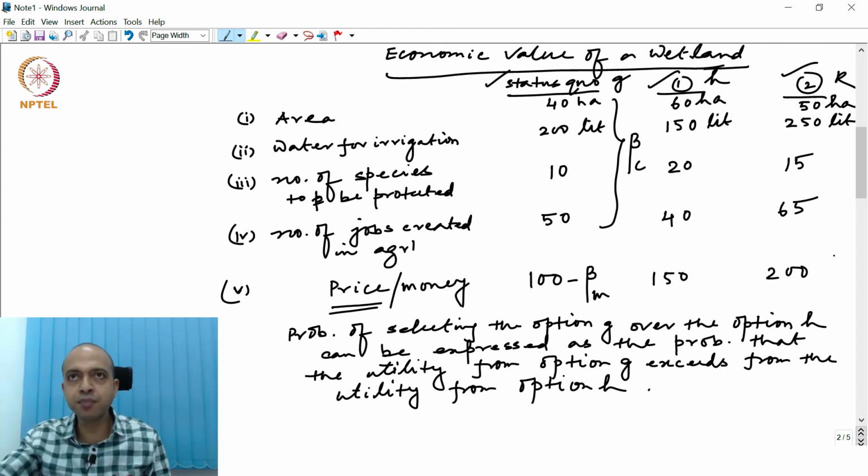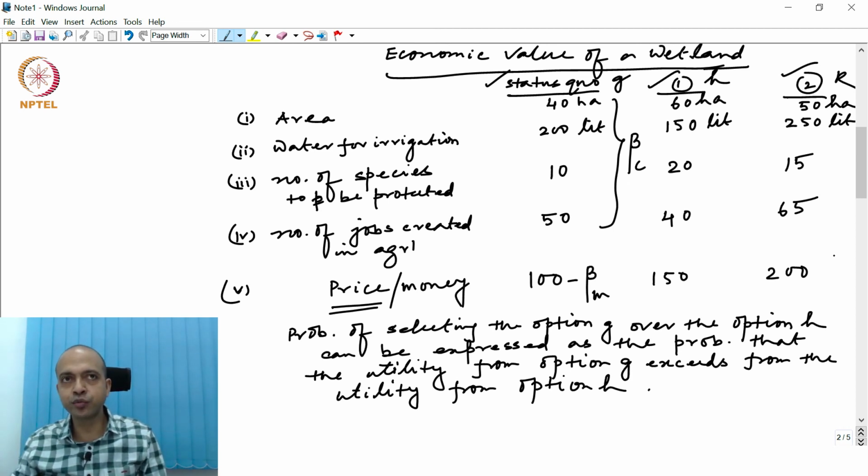Of course, the example I will be discussing is not exactly in the context of wetland valuation, that is a different context, but it doesn't matter. If we understand how to apply and estimate a model using data, then you can apply the technique elsewhere. There is absolutely no problem in that.